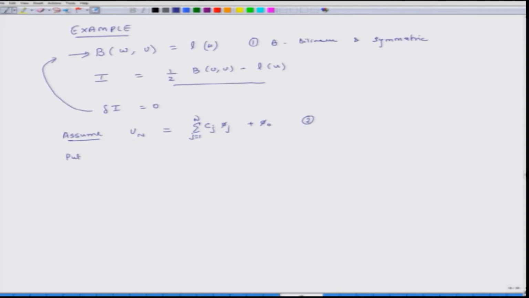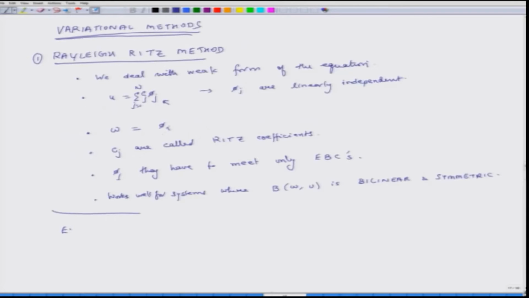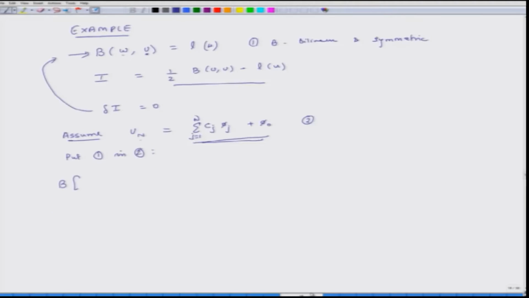So if we put 1 in 2, what do I get? UN is this entire thing, U is this thing. What I am saying is, I know that U is the equation represented by equation 2, and W is the weight function, and I said that in the Rayleigh-Ritz method, the weight function is the same.